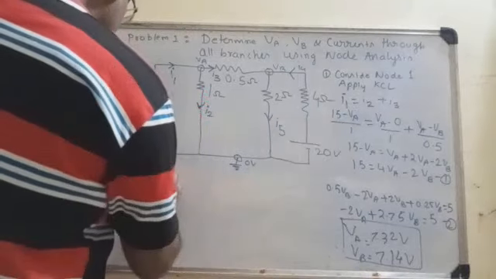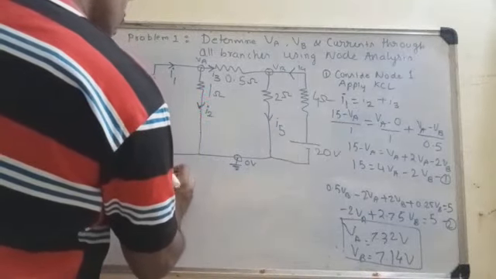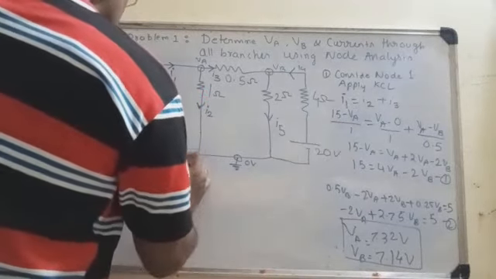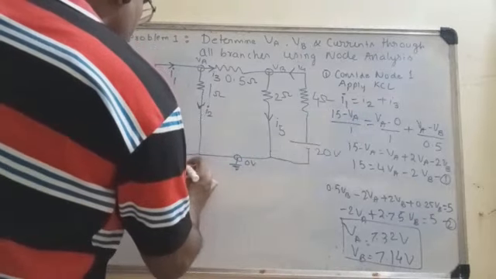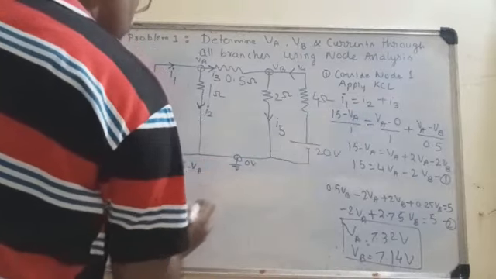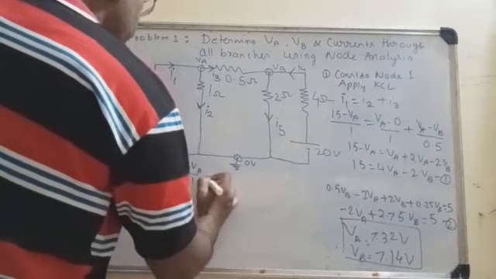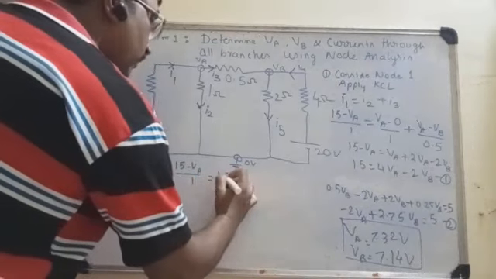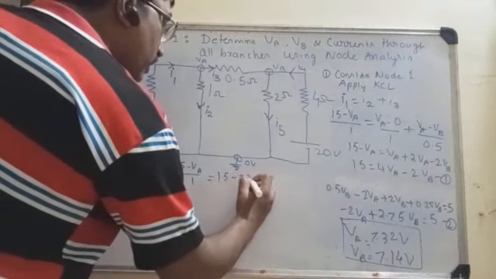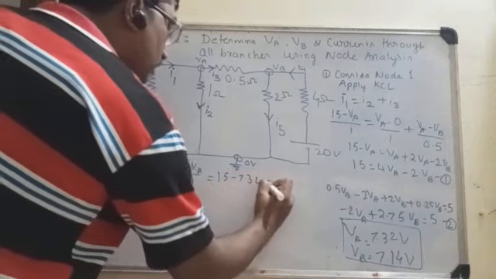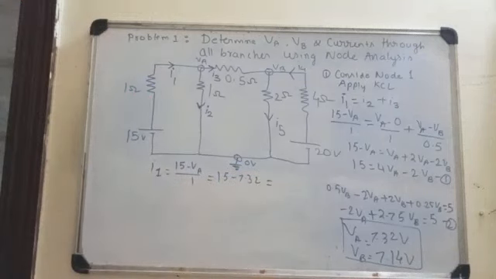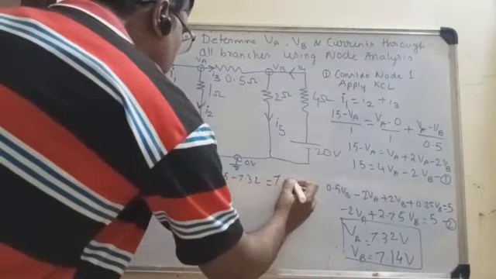Now find out I1. I1 is (15 minus VA) by 1, so 15 minus 7.32 is 7.68.